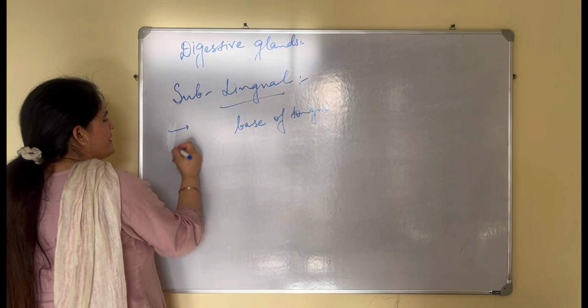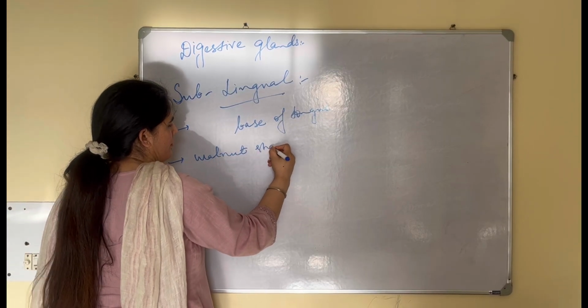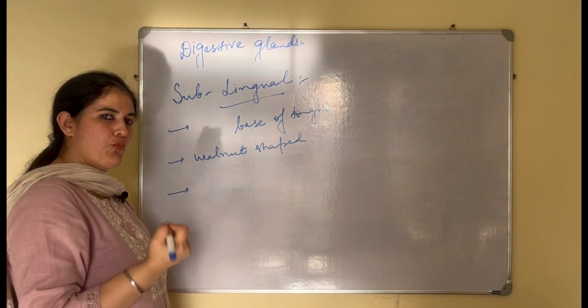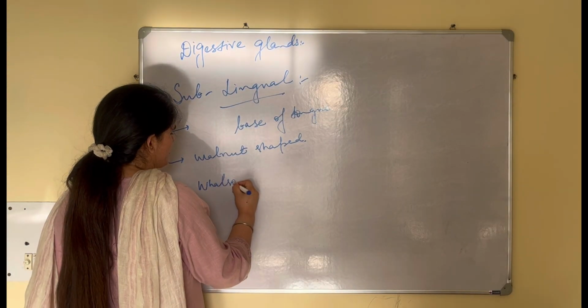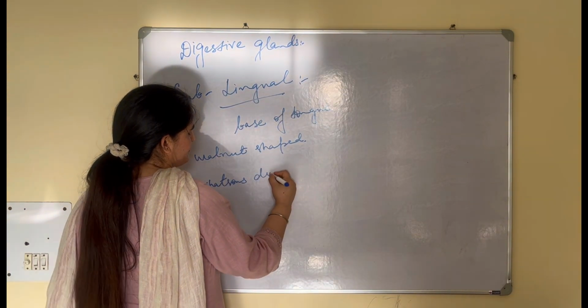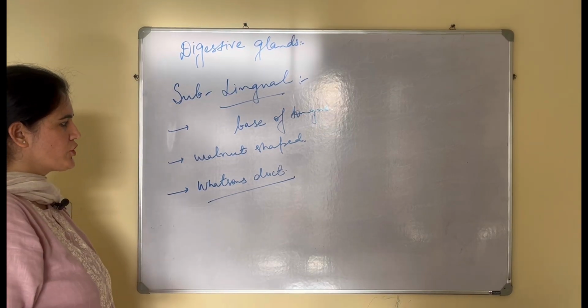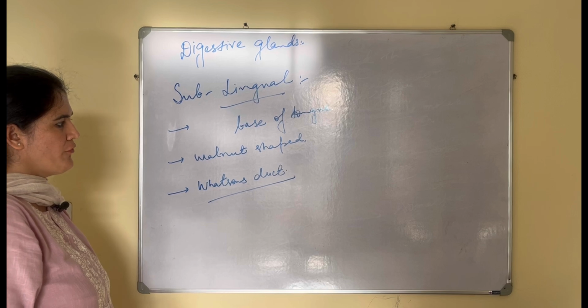It's walnut shaped, and it has a duct known as Wharton's duct, through which its secretions are released for the digestion of food.